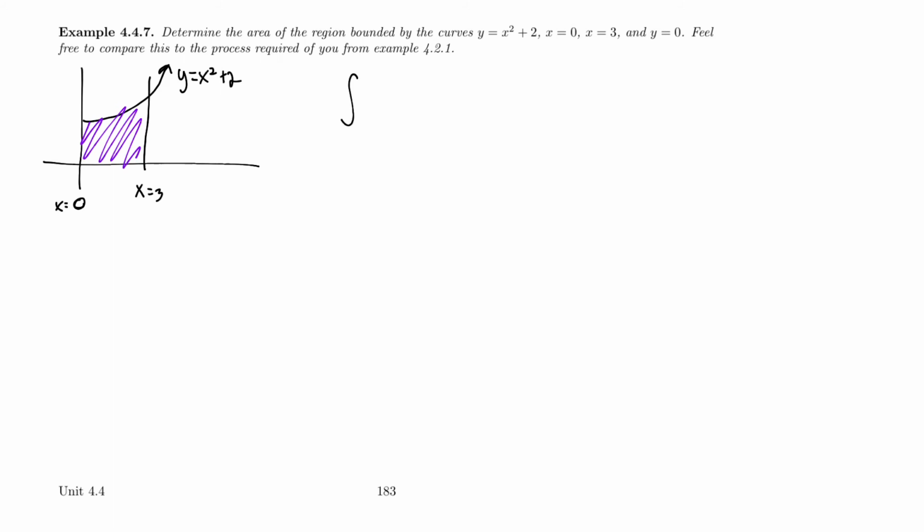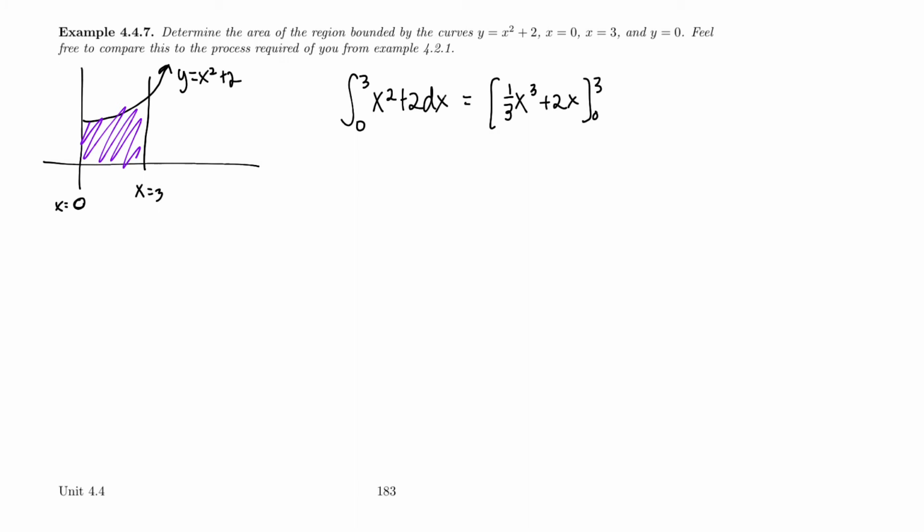The setup here is going to be the integral from 0 to 3 of x squared plus 2, and then don't forget the dx. Be careful with your notation. Don't get lazy. Double check everything. Integrating this, we're going to get 1/3 x cubed plus 2x from 0 to 3.